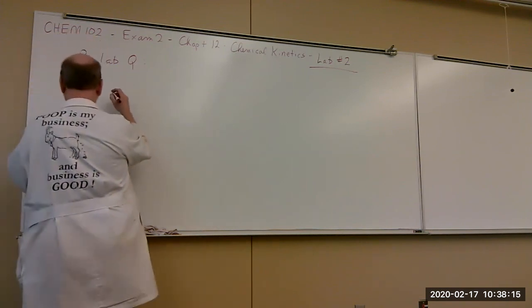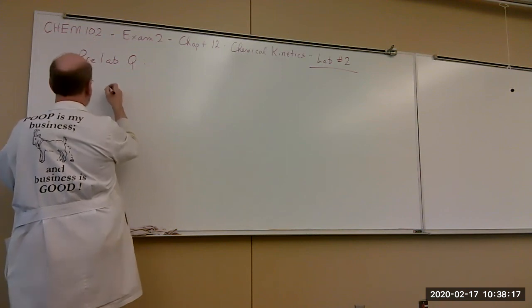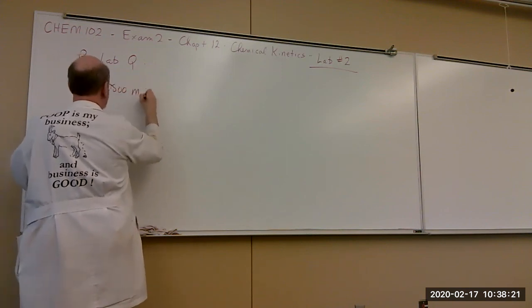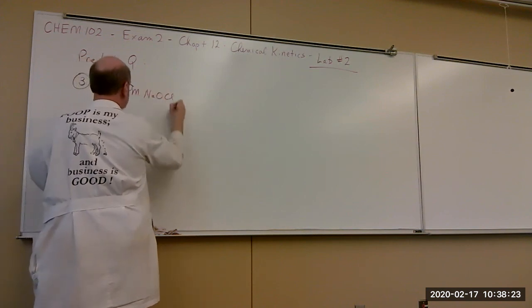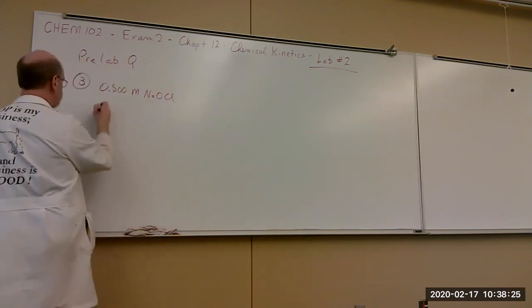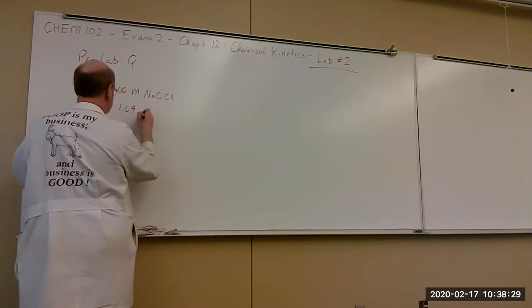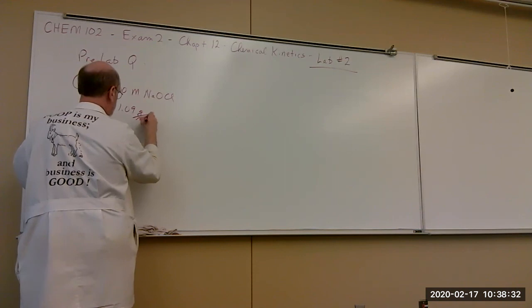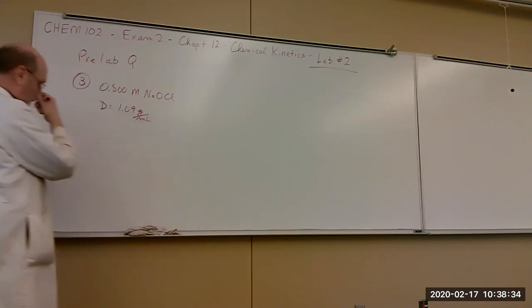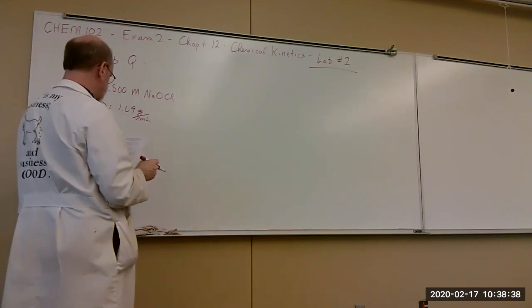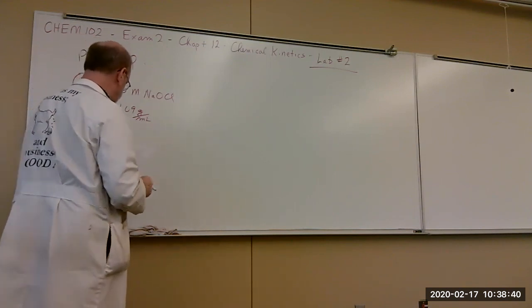Okay. So we're given this concentration, 0.8 molar sodium hypochlorite, and we're given its density is 1.09 grams per milliliter. And the question is, what's the percent by weight?